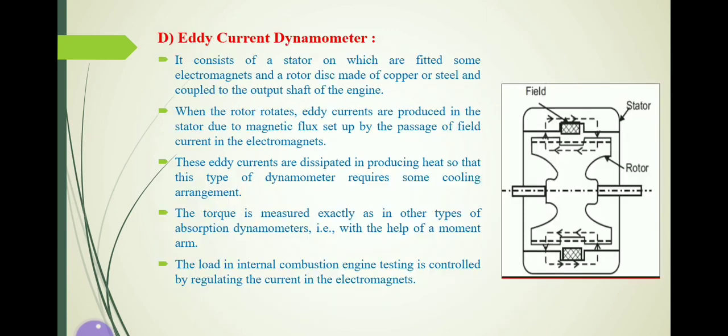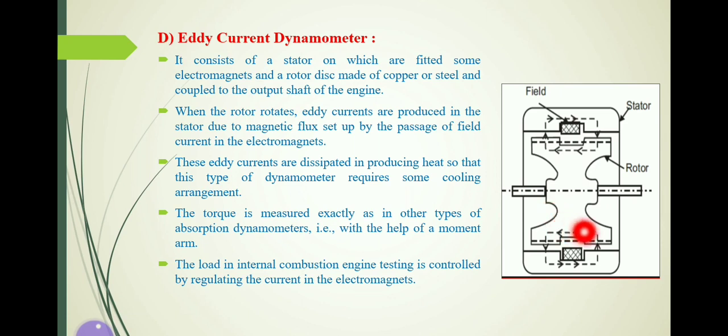So the next type of dynamometer is the eddy current dynamometer. In this eddy current dynamometer, we use electric energy for stopping the shaft which is rotating. Now we'll see the diagram. Here the main shaft is available. On this main shaft, similar to the hydraulic dynamometer, one rotor is available.